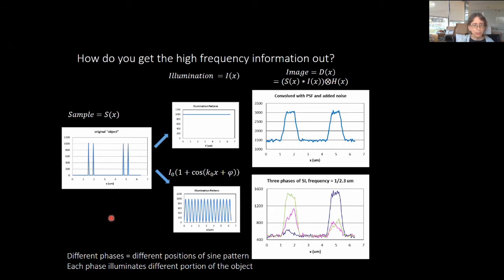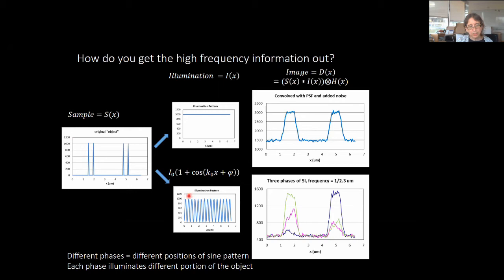Here's a simple one-dimensional example to give you an intuitive sense of how that works for something that isn't just a periodic sample like the canonical illustration I gave you there. This simple one-dimensional object consists of 2 pairs of point objects that are spaced just below the resolution of my simulated objective. When you illuminate with wide field illumination, you just get 2 lumps out, and you can't infer the underlying structure.